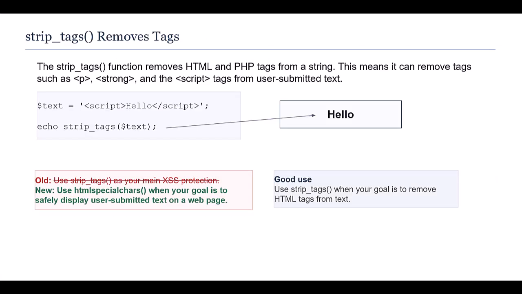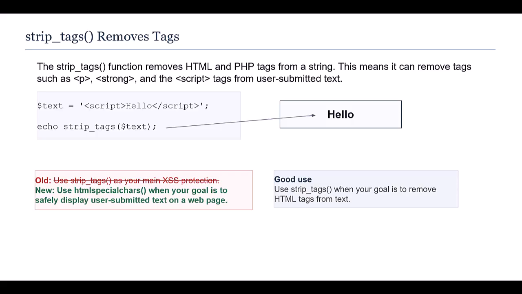The strip_tags function removes HTML and PHP tags from a string. For example, it can remove tags such as the paragraph tag, the strong tag, or the script tag. However, the strip_tags function should not be used as the main way to protect a page from cross-site scripting.